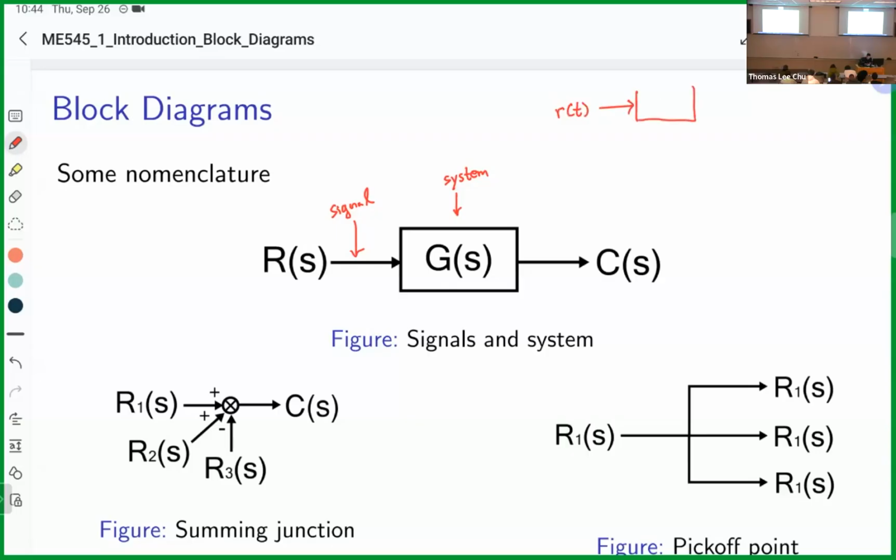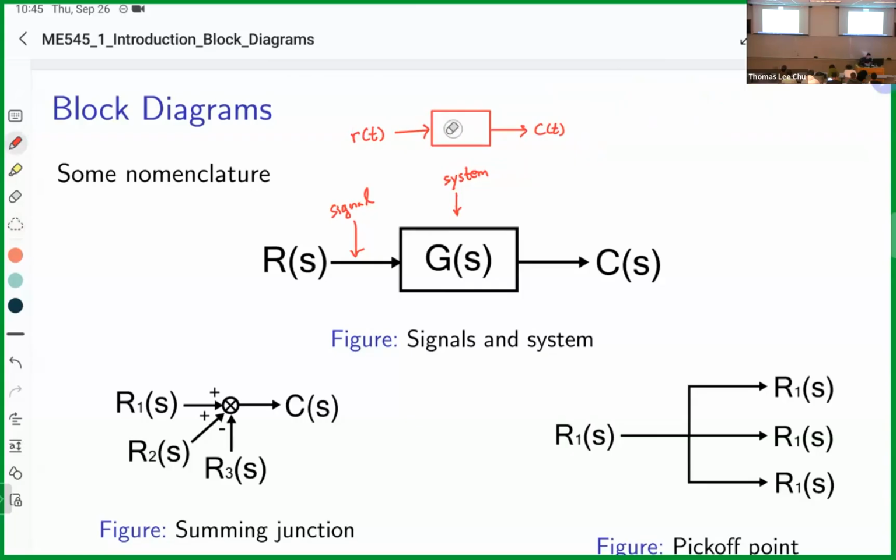Apologies, this might seem kind of confusing, but this is the equivalent system. The R of T means that my signal is in the time domain and not the frequency domain anymore. This G of S still represents that the system is in the frequency domain.